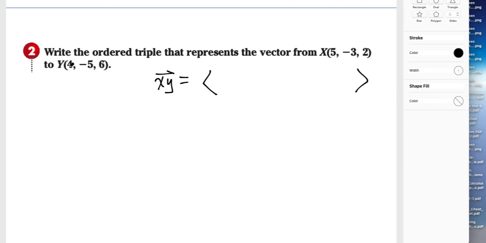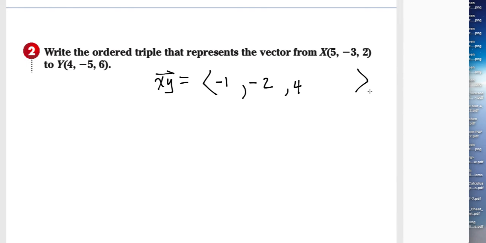So we'll start like this. 4 minus 5 is going to give me negative 1. So that's for the X value. And then negative 5 minus negative 3 will give me negative 2. And then finally 6 minus 2 will give me a 4. And so that's really it. That's all we needed to do. If we were to find the magnitude, we would square each of these, add them up, and then take the square root.